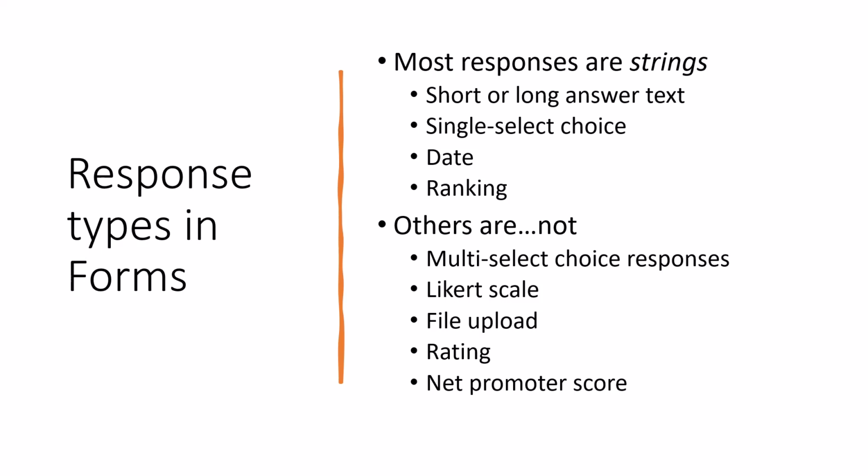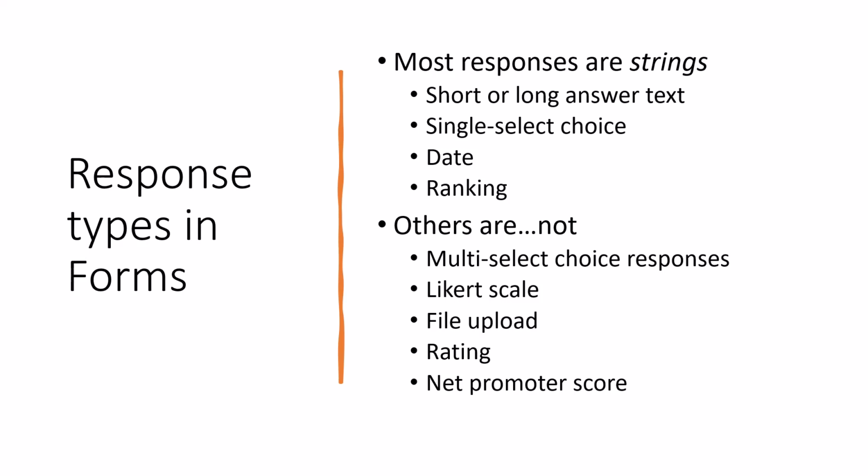Other things like Likert scale. Likert scale is kind of an oddball, because this is the matrix type question where, if it's an event feedback form, you might have five different aspects, like the venue, the speaker, the refreshments, etc. And then you ask people whether they greatly enjoyed it or really hated it, and you give them that range of choices.